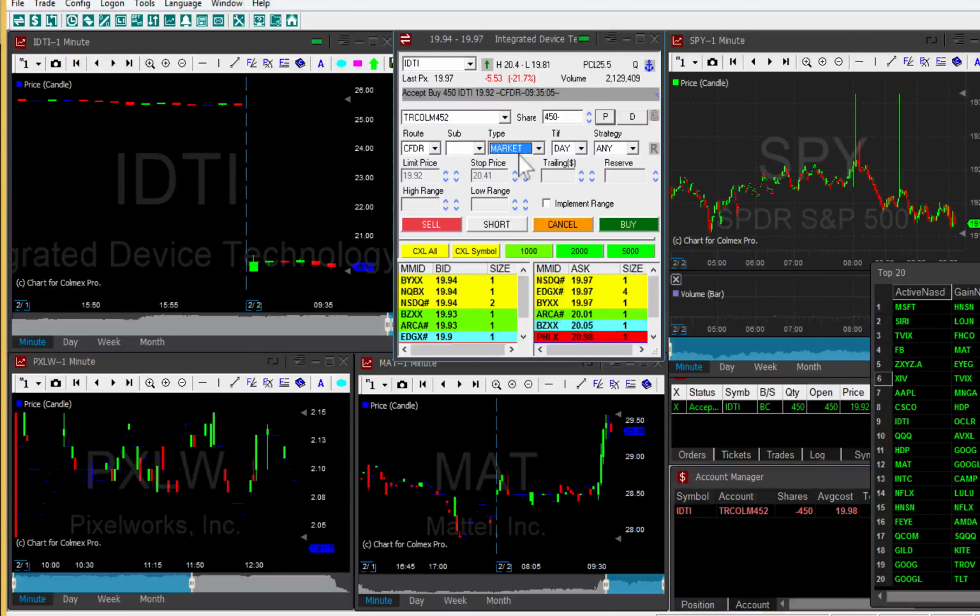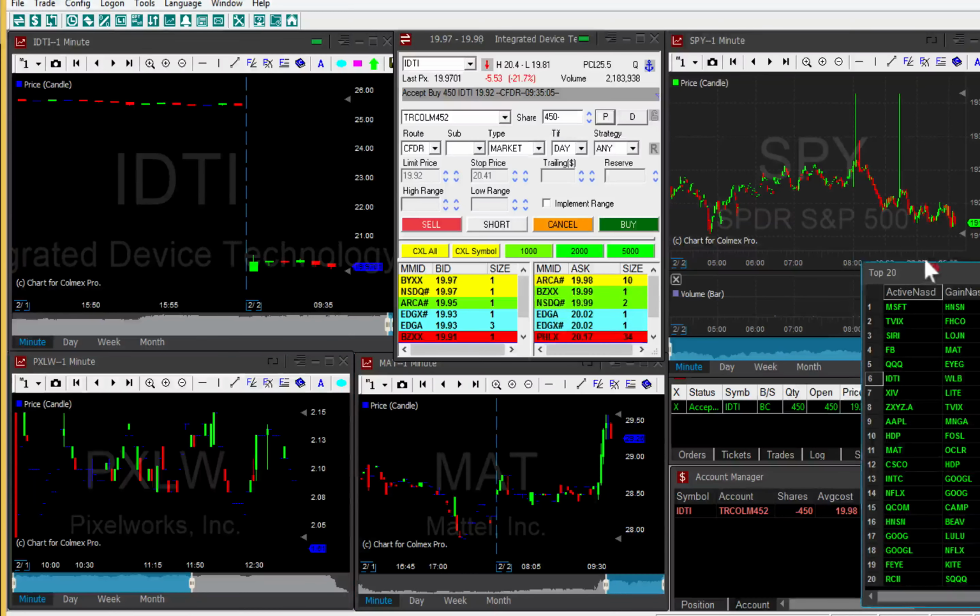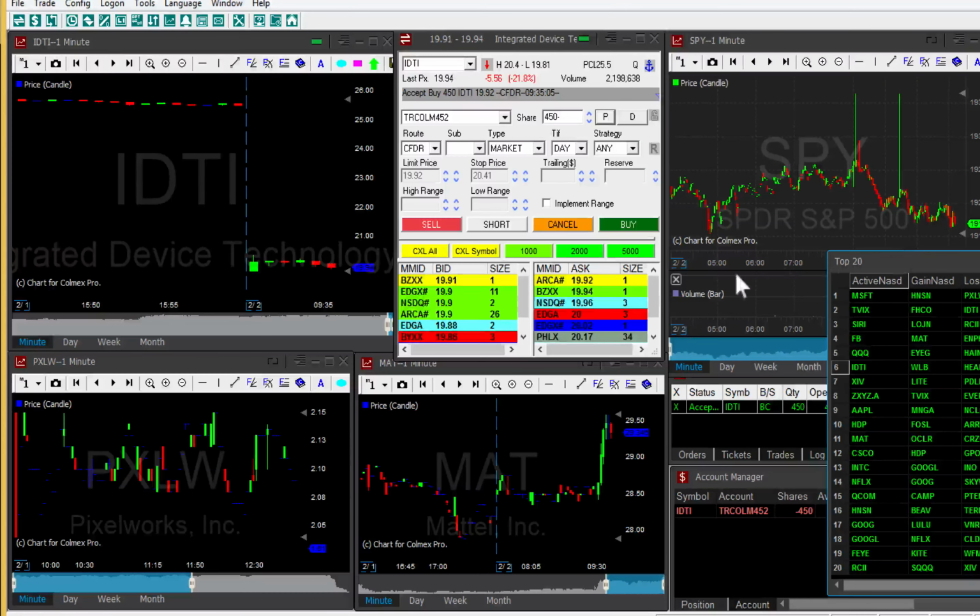Now what I'm doing here is I'm just watching it. My stop is once again at $20.40. If you look at the top of the screen where I make my trades, you can see above that 21% down, it's got the H, which means the high, and the L, which means the low.